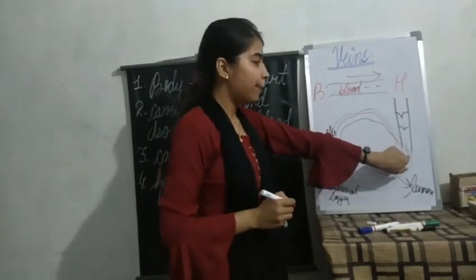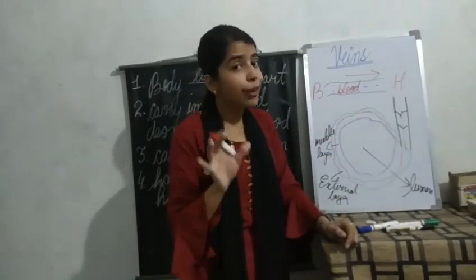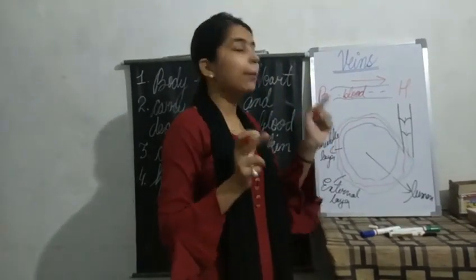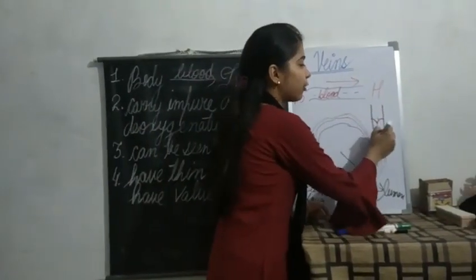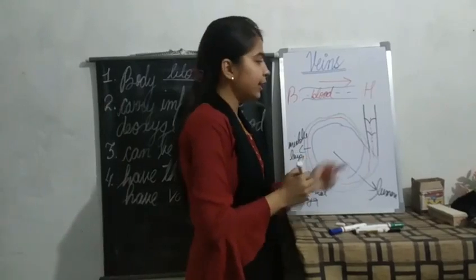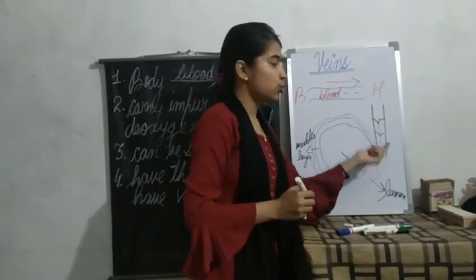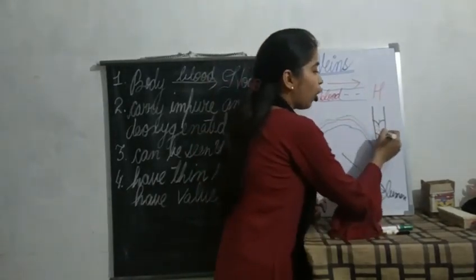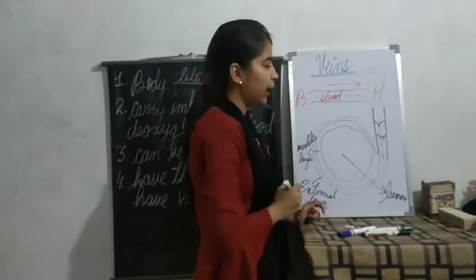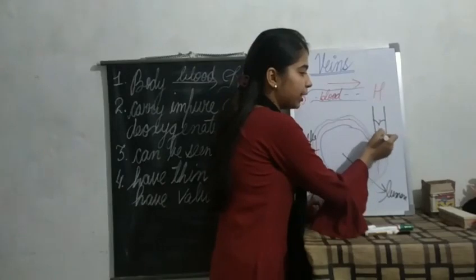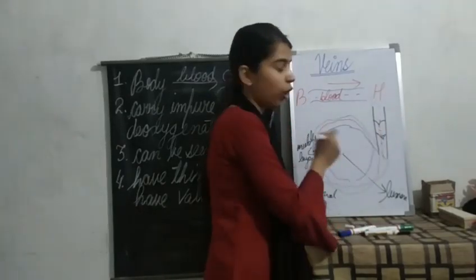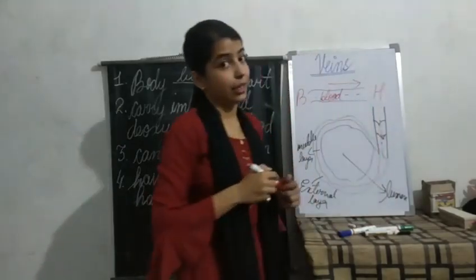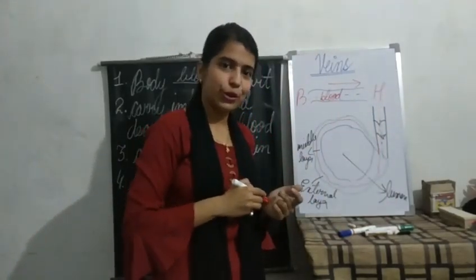Plus, they are flowing with very low pressure. So there is a chance for the blood to flow back. To prevent this condition, they have valves or openings. And these gates or valves make sure that the blood will only flow in one direction. Is it clear to you?